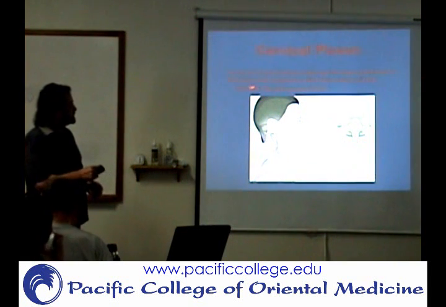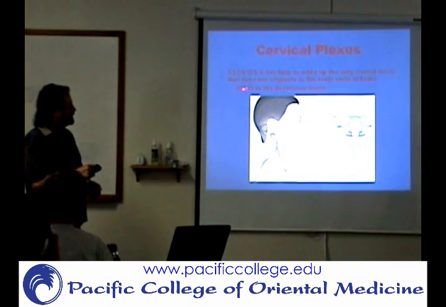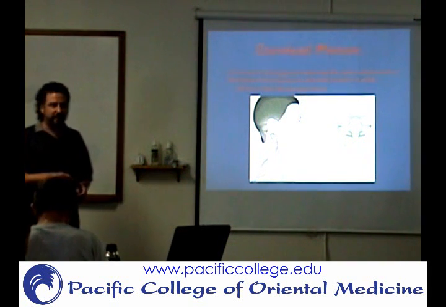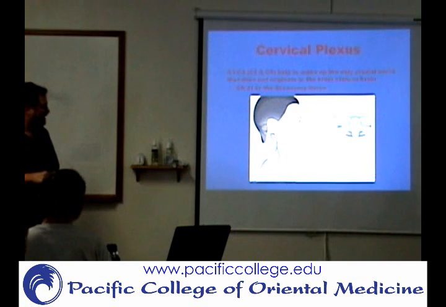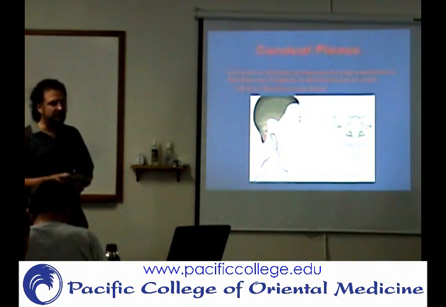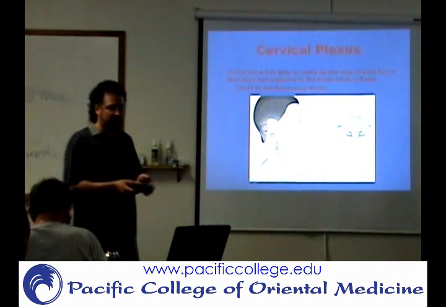So this cervical plexus also is going to feed into the 11th cranial nerve, or the spinal accessory nerve. That's going to innervate the SCM and the trap. So it comes off of the cervical plexus, but it's also considered a cranial nerve.